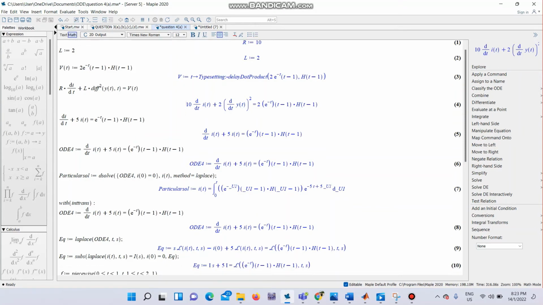The next part is ODE 4, equal to d over dt i(t) plus 5 i(t) equal to e to the power of negative (t minus 1) multiplied by h(t minus 1).